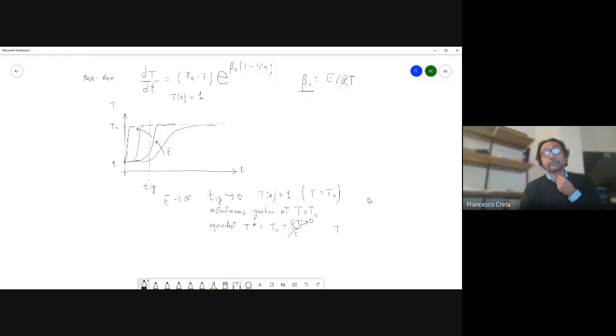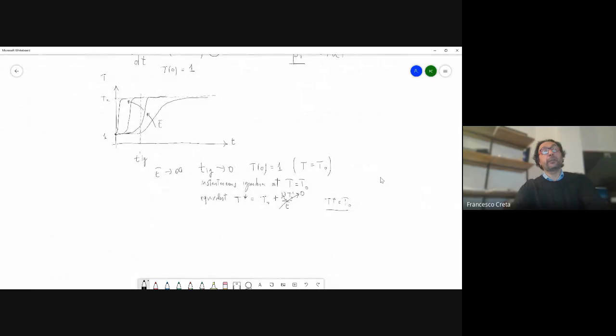So you would have explosion at T0, exactly what we're having here in the dynamic system, where we have instantaneous ignition. So explosion in the steady state would translate here into instantaneous ignition at T0, the initial temperature. You see that the two things actually coincide. This is for E going to infinity.